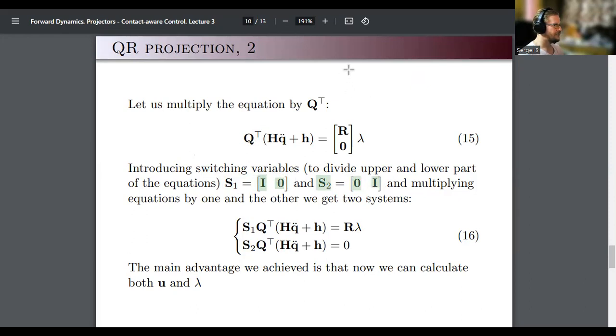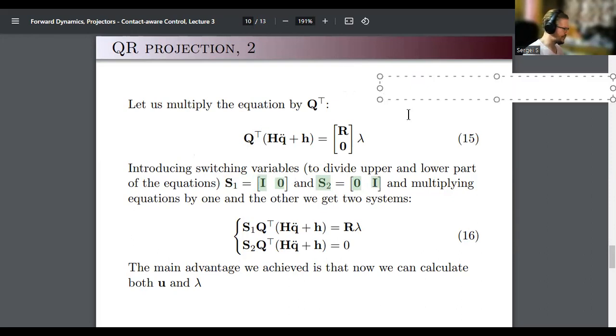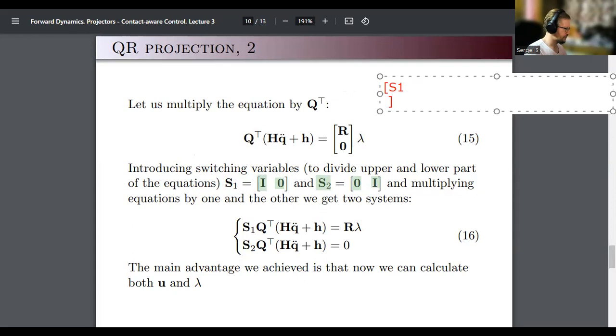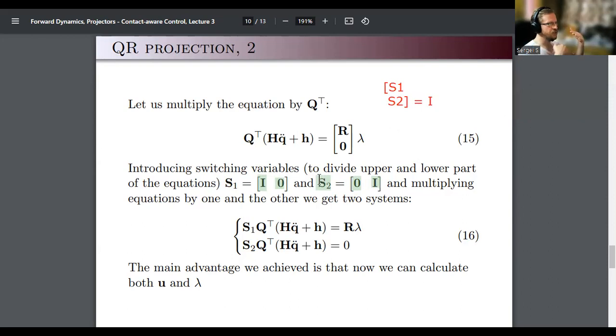And this, I don't know if it is obvious, but this implies that if you stack them, so you write S1, S2, this will be equal to identity. Right? If you stack them one under another, it will be equal to identity.